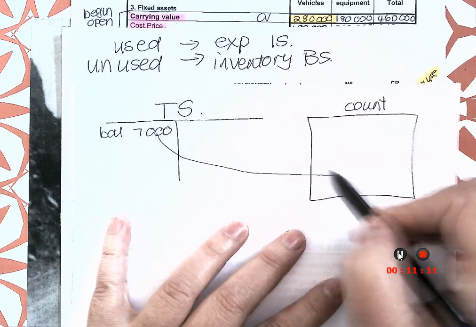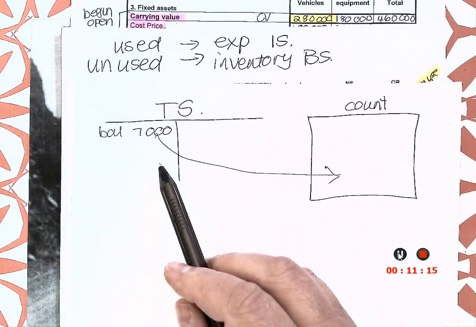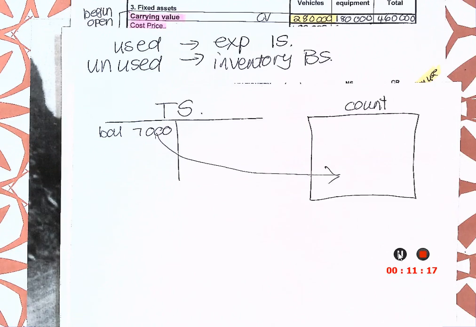You agree with me? Because in this trading stock T account, every time I bought, I recorded. I sold, I recorded. I returned, I recorded. Debtors return, I recorded. The owner took, I recorded. I donate, I recorded. Can you see? Everything was recorded. So in other words, the value of stock in my books should be equal to the value of stock in the shop.